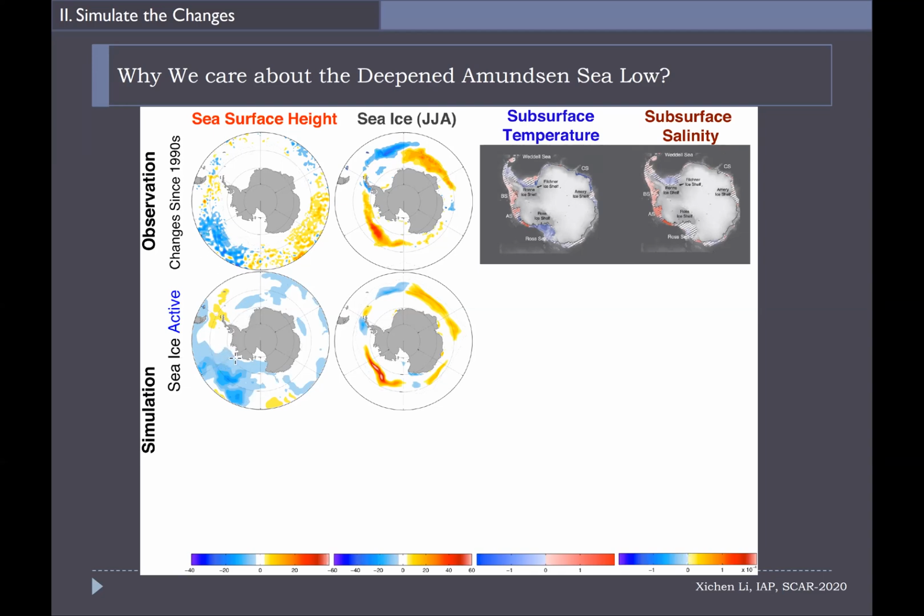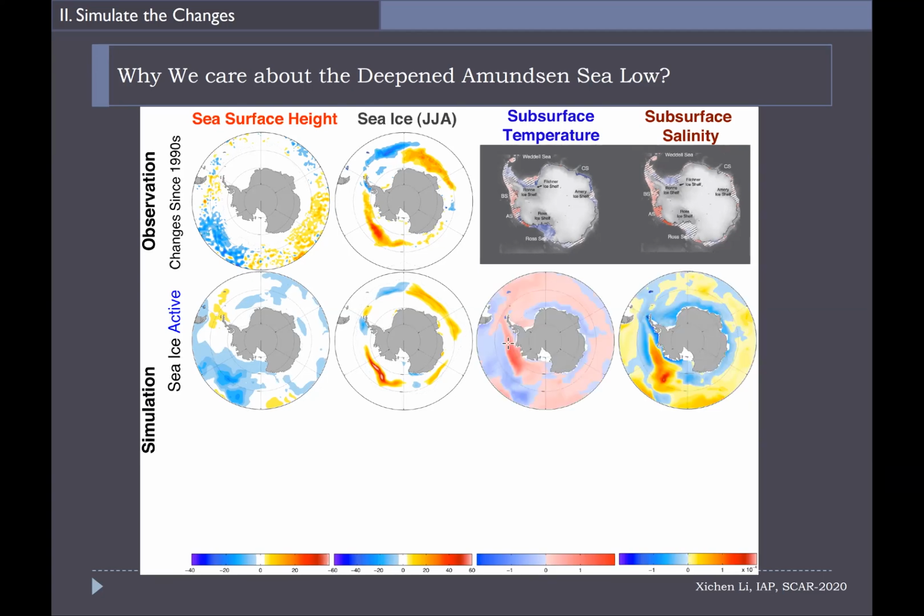In the north part of the Ross Sea, there's a lower sea level anomaly center associated with the clockwise circulation change. We can well simulate the sea ice distribution. And surprisingly, we can also well simulate the subsurface temperature changes. The warming around the West Antarctica and the salinity increase around the West Antarctica are much stronger than what happened around the East Antarctica.